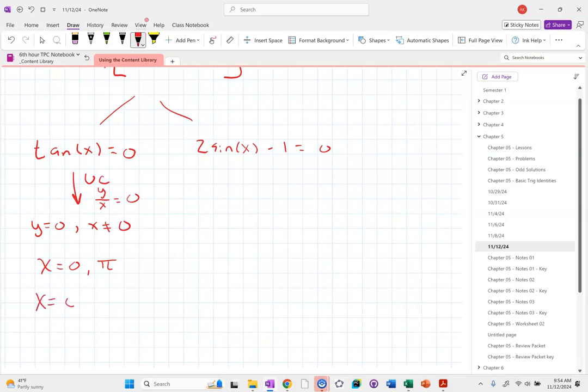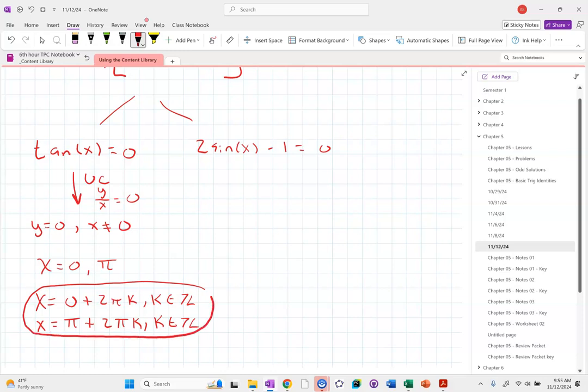So I'm going to have x equals 0 plus 2 pi k, where k is an integer, and then x equals pi plus 2 pi k, where k is an integer. So that's one set of my infinitely many solutions.